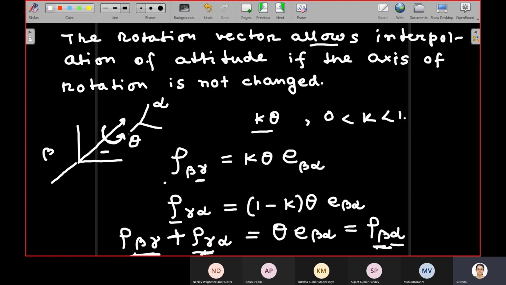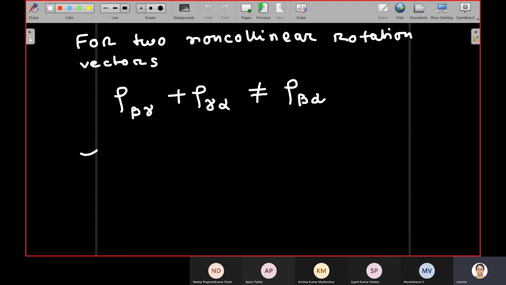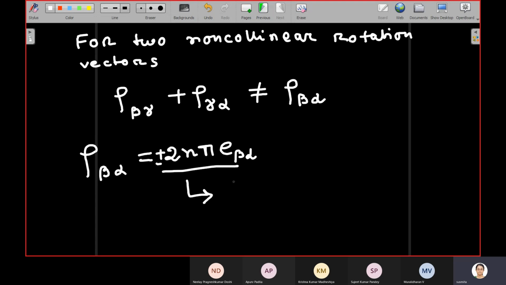But what is the corresponding rotation vector? We have a rotation vector, right? The rotation vector will be, instead of 2 pi, I am just making it more generic, 2 n pi. And we can also put plus minus 2 n pi, right? So we are applying a rotation. This is a rotation vector, but we are getting the same frame, beta frame.